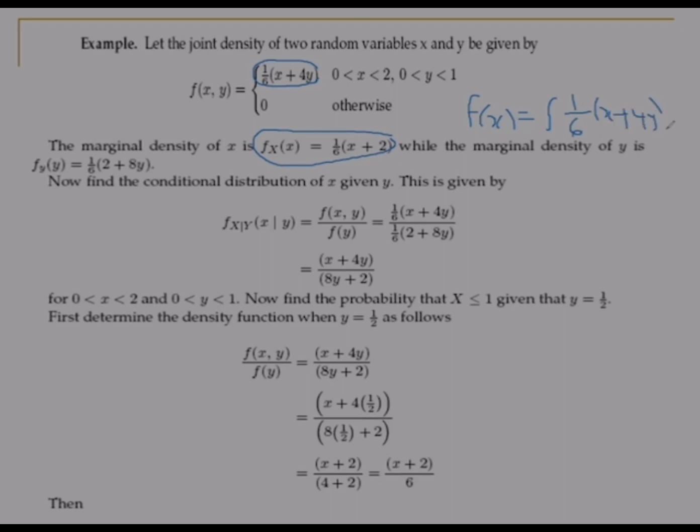You're actually going to integrate that with respect to y, and you're basically going to use the range of y, which is from 0 to 1. So when you do that, you're basically going to have this.